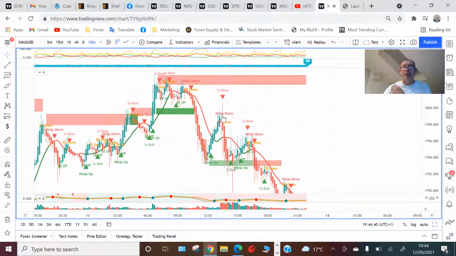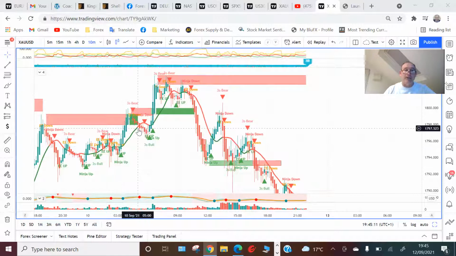I'm going to break it down and show you a replay of this. Step two, we look to see if the candles are green or red. Green's going up and red's coming down. Next thing we look for is the green or red trend.